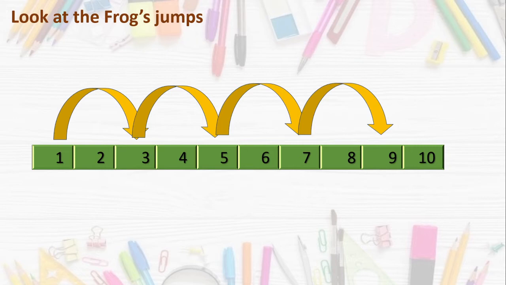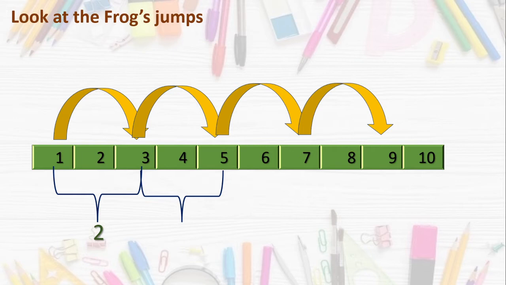Now, first it jumped from number 1 to number 3, right? What is the difference between the numbers? 1, 2, 3 means after 2 numbers we get 3. Isn't it? Here the difference is 2. Now from 3 to 5.